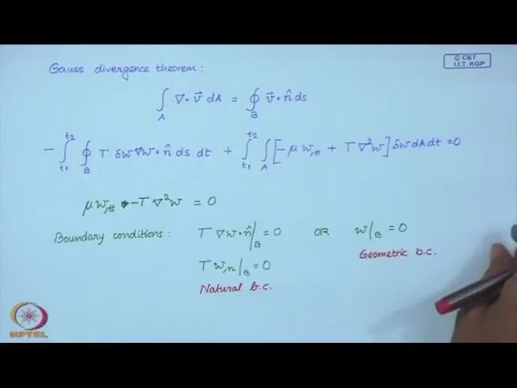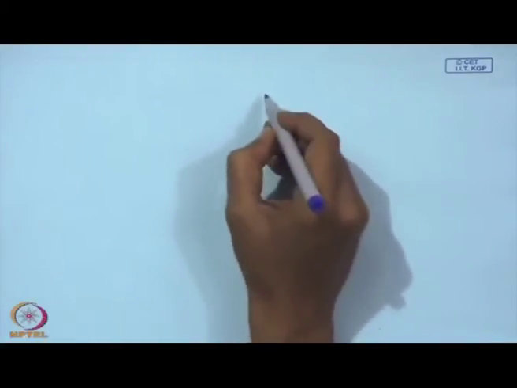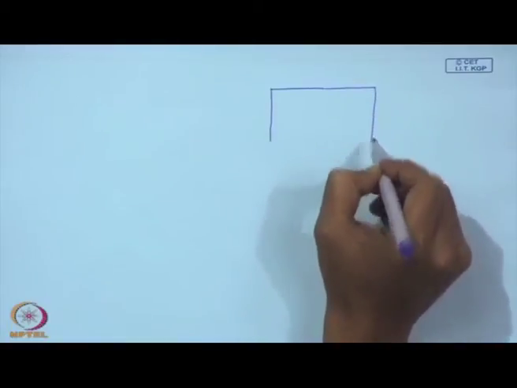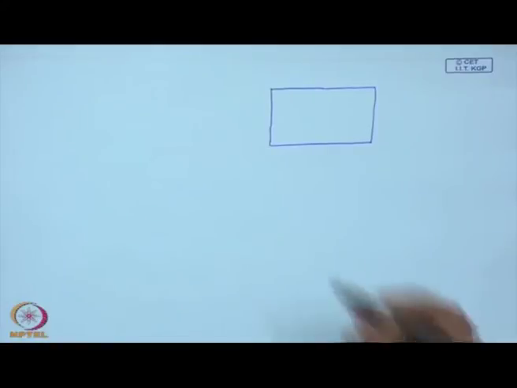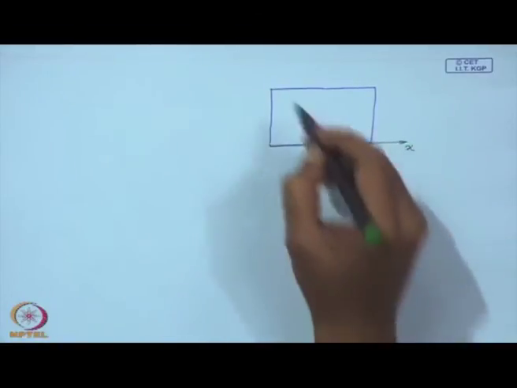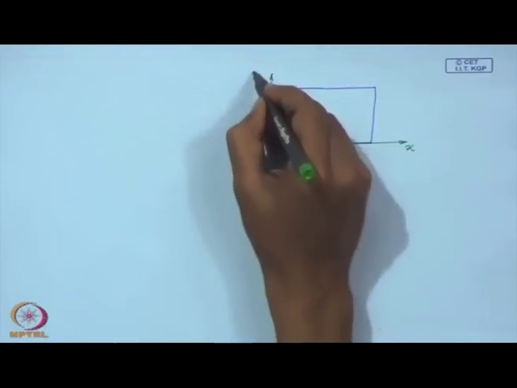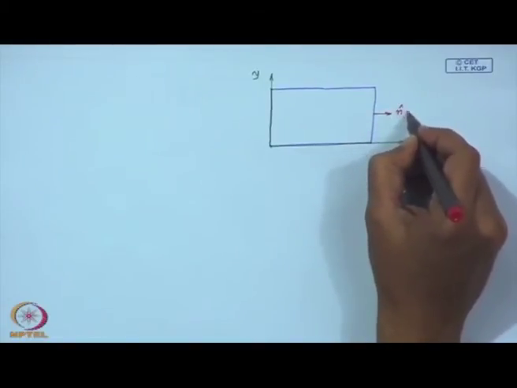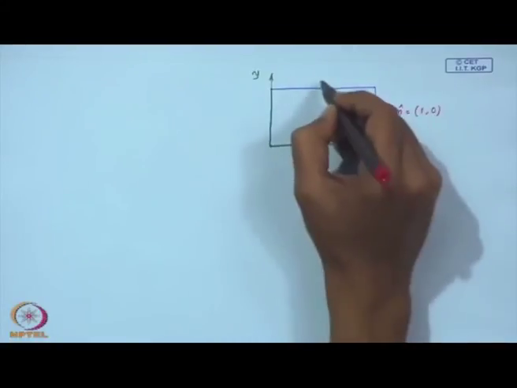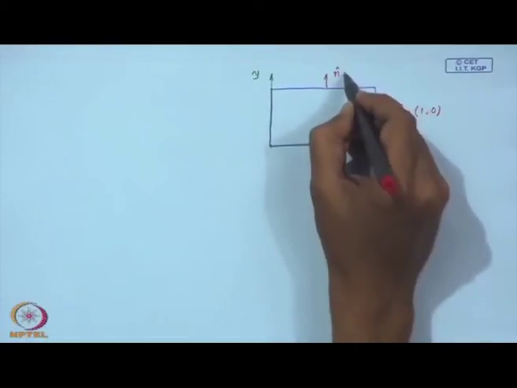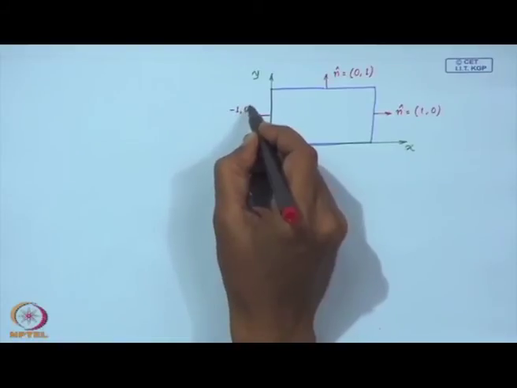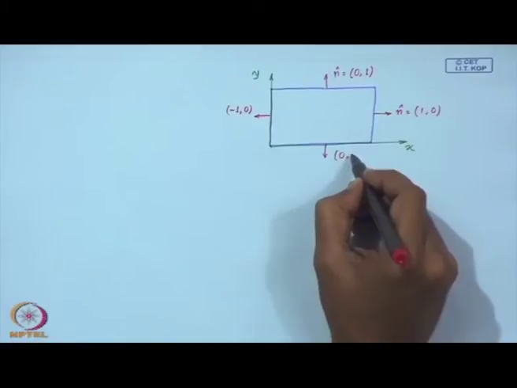Now, let us consider this example. So, if you have, for example, a rectangular membrane, the unit normal at the boundaries, let us say this.